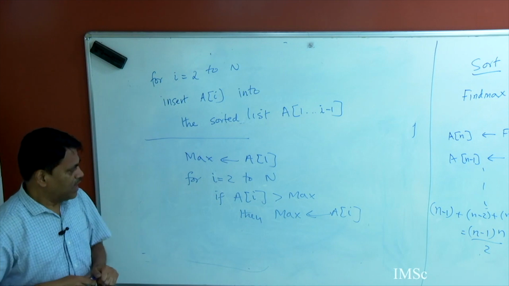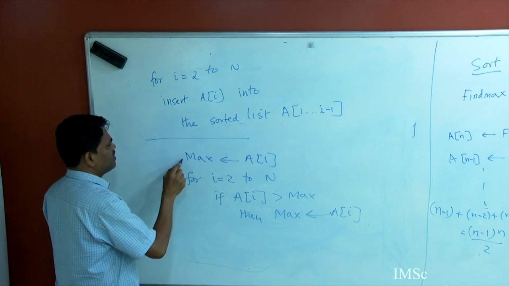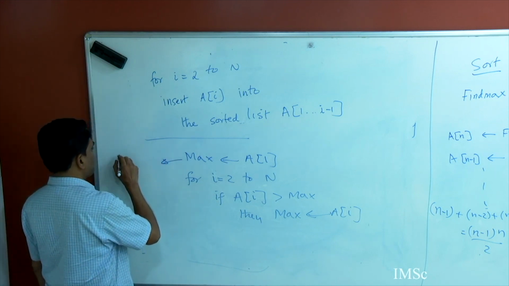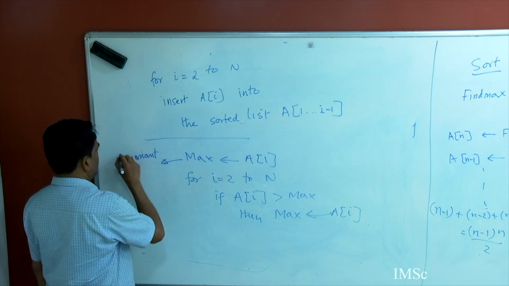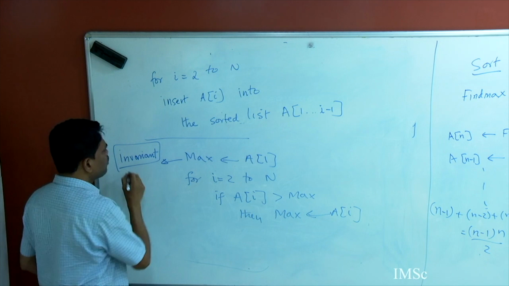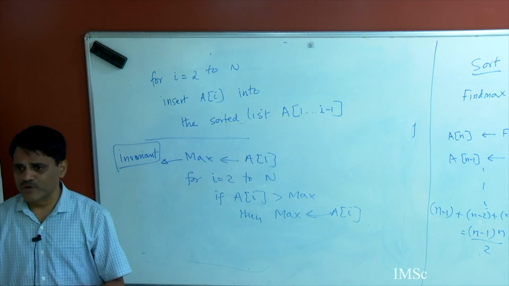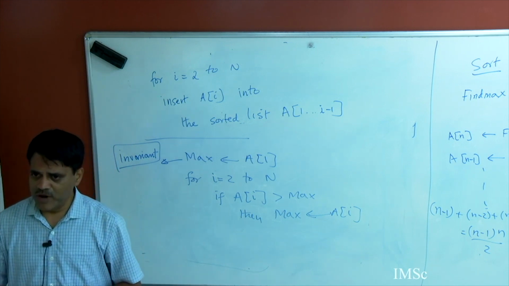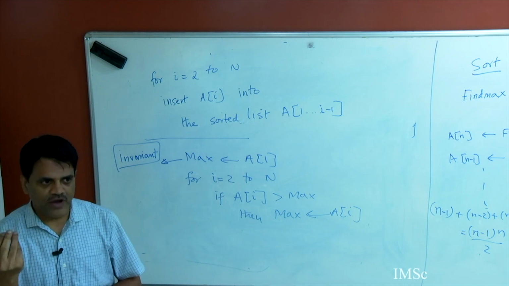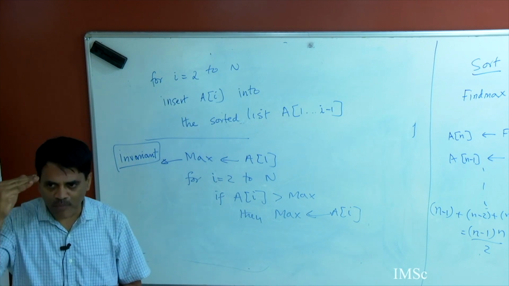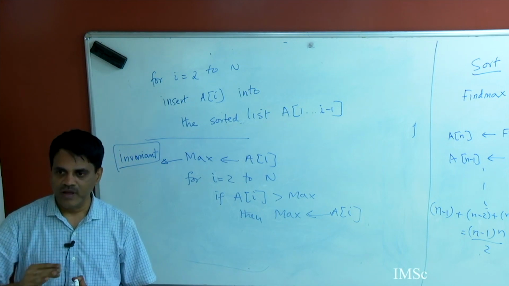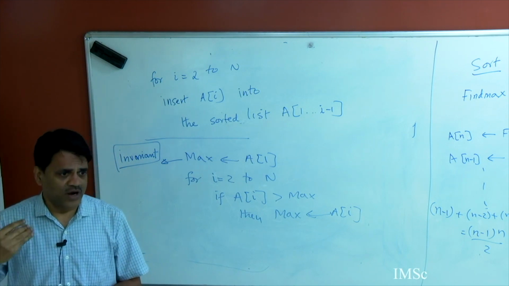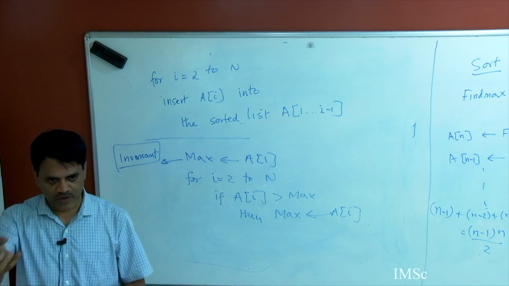So first of all, I want to throw in this thing called invariant. How do you prove an algorithm or a program correct? You somehow identify an invariant, some property of some variable or something in the program, and you show that it works after every execution of some step.